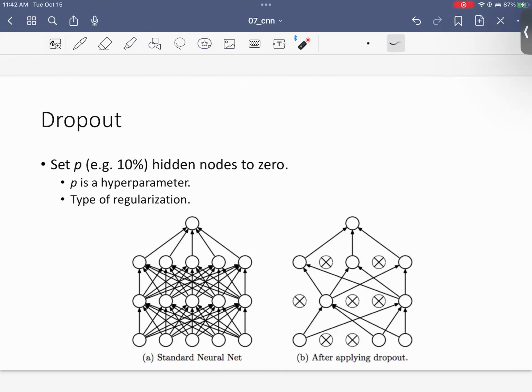Dropout was an explicit technique you would use to have your model better generalized to test distribution. This is a very simple idea. You have multiple layers of neural networks, and you would zero out a certain percentage of hidden nodes in each layer. So for example, if you don't use dropout, this is a fully connected network, right?